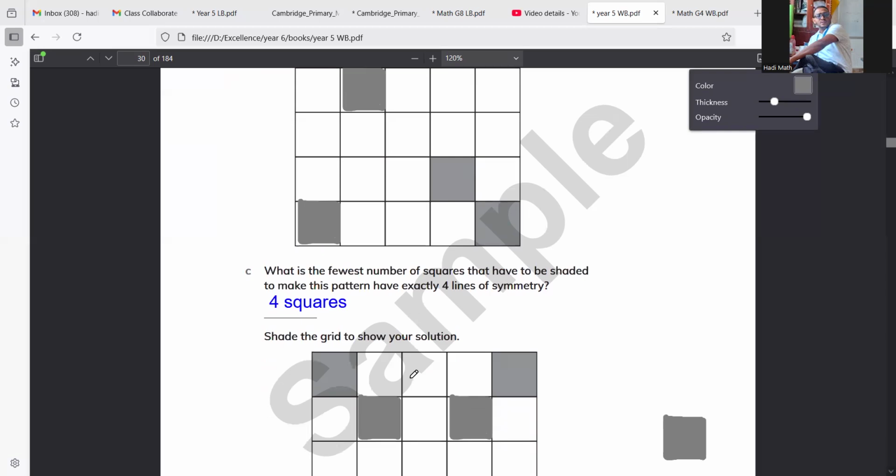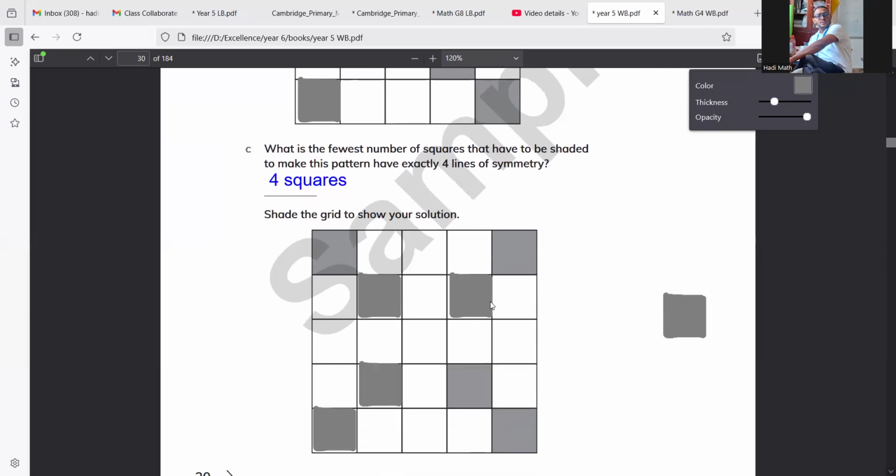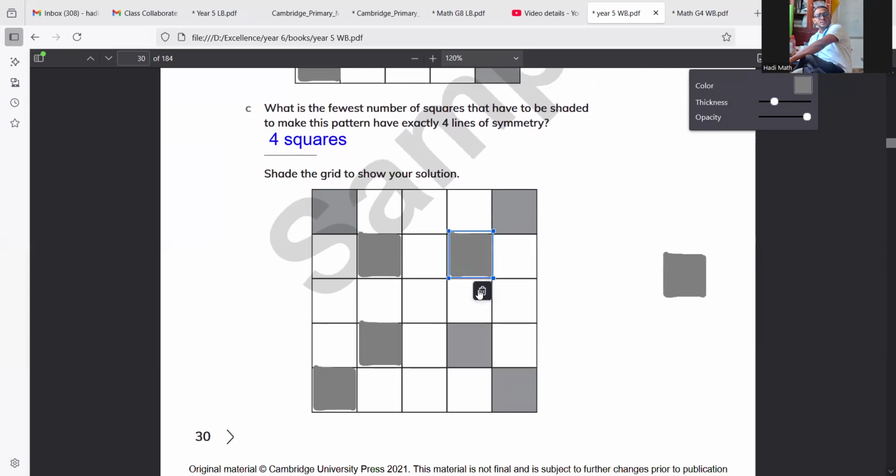Go to question number C. They say, what is the fewest number of squares that you have to shade so that this pattern has exactly four lines of symmetry? Okay. We did not have all these, so we add them. So we could make what?